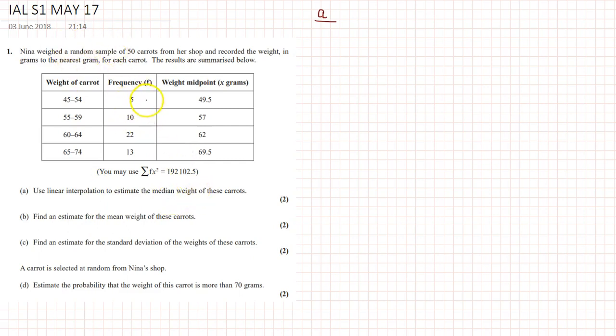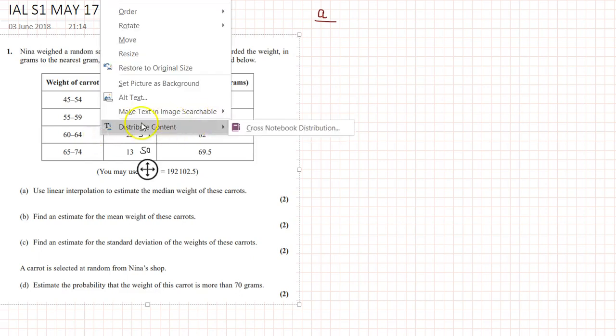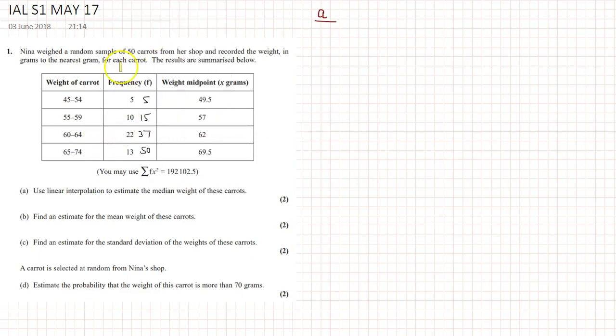The total is 50. So the cumulative frequencies are 5, 15, 37 and 50. Half of 50 is 25, so the median must be in this class.